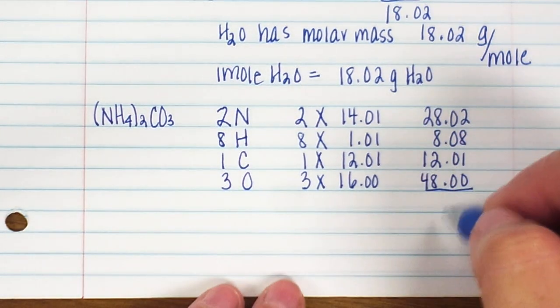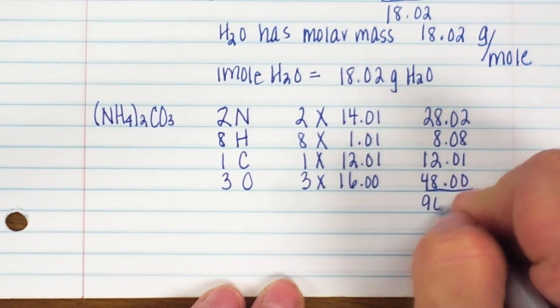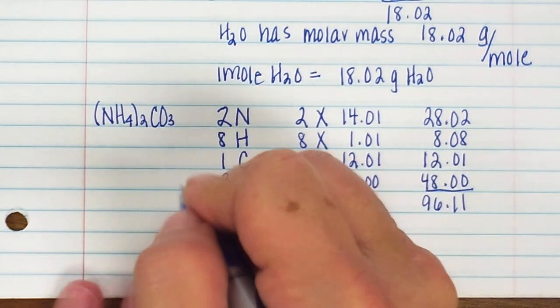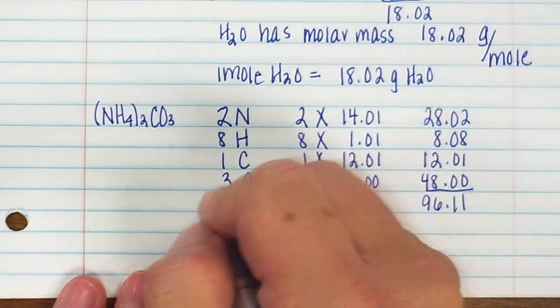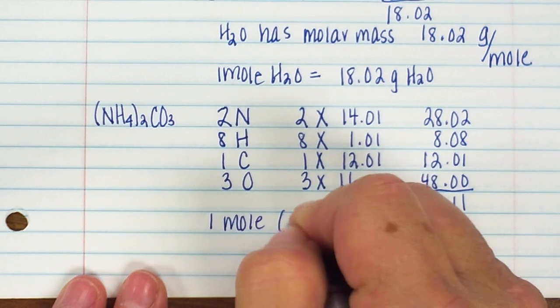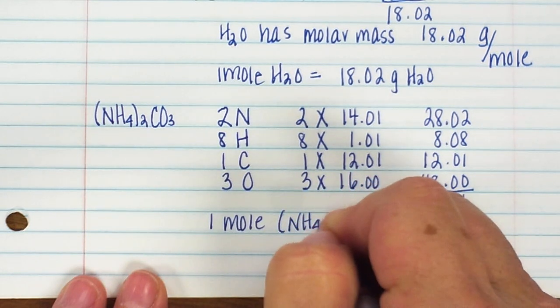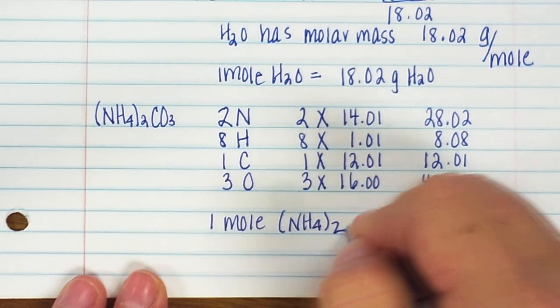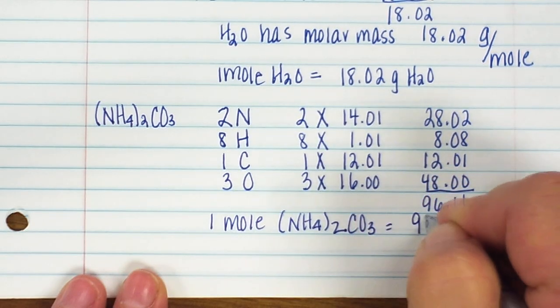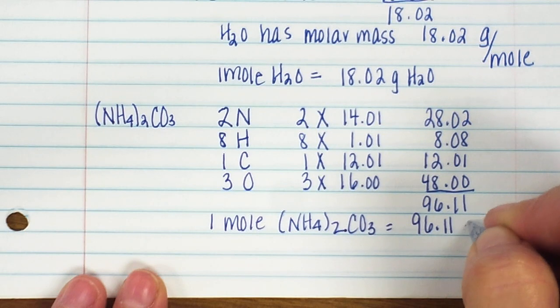I add these all up and I get 96.11. So 1 mole of (NH4)2CO3 is equal to 96.11 grams.